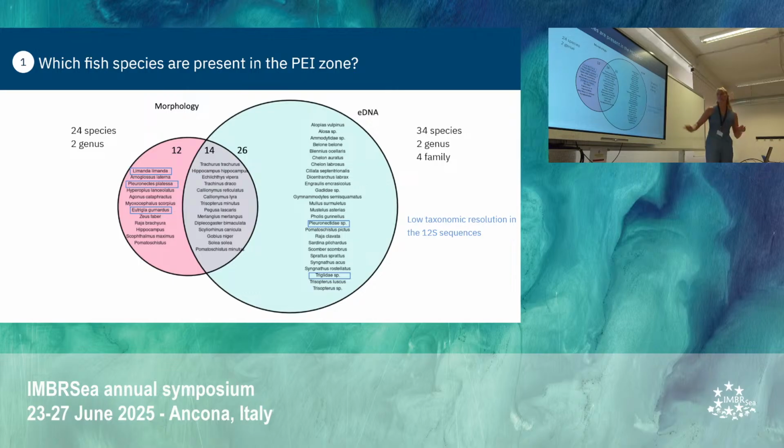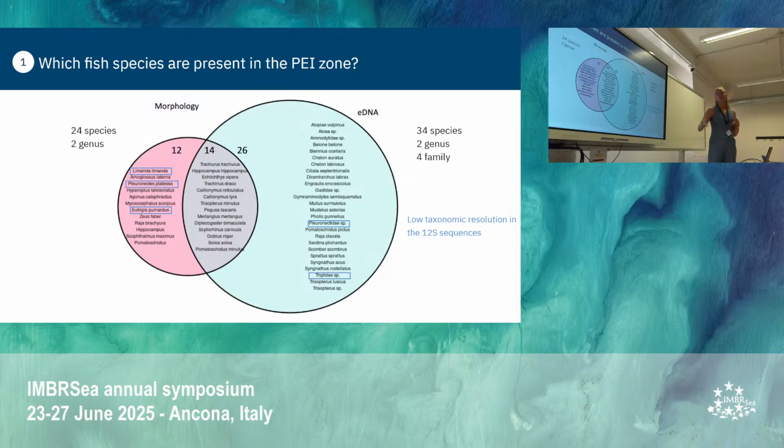Now, some species were exclusively detected with morphology, and that's because some of them had a low taxonomic resolution in a 12S sequence, which is why they could only be identified until family level with eDNA. Then, some other species exclusively detected with morphology actually just had low specimen counts, which is why they were probably missed with eDNA.